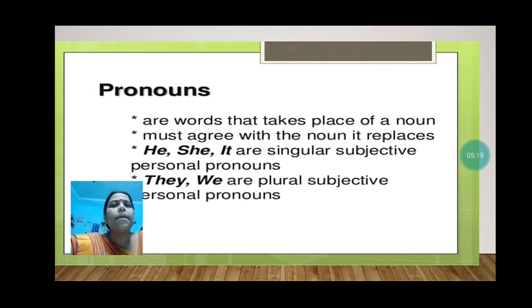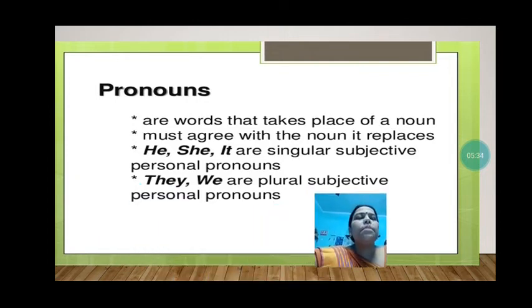See here, he, she, it are singular subjective personal pronouns. We use them for singular nouns. And they, we are plural subjective personal pronouns. They and we are used for plurals.